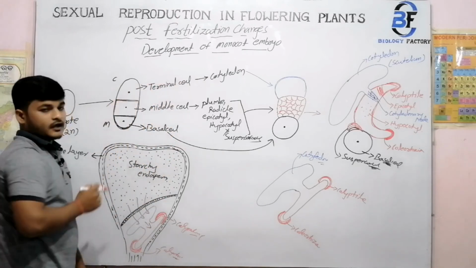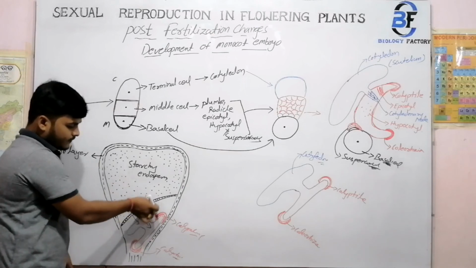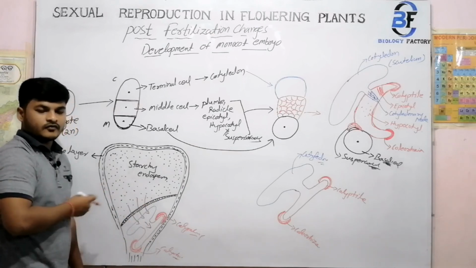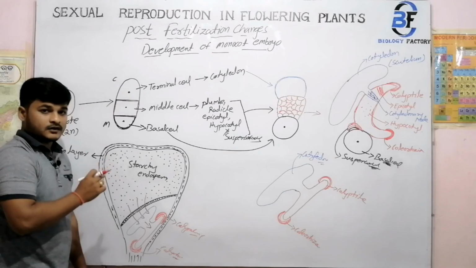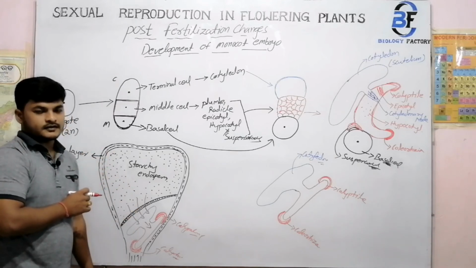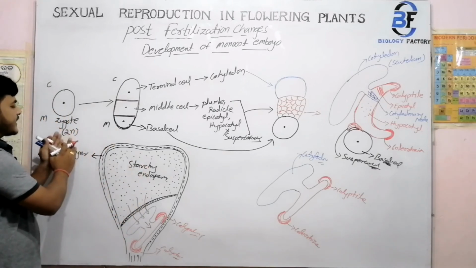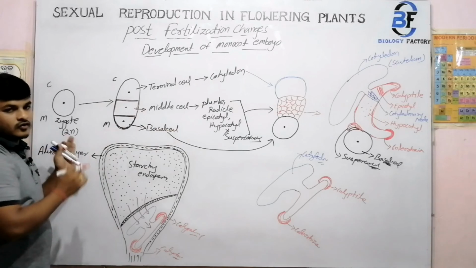That means for your embryo. So from the endosperm to the embryo, there is a single cotyledon, which is thin and papery in nature. But through this thin and papery cotyledon, all the nutrient media pass. So this is all about the changes which take place from your zygote to a monocot embryo.